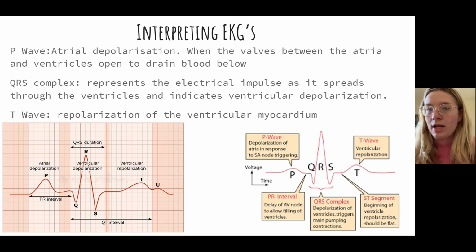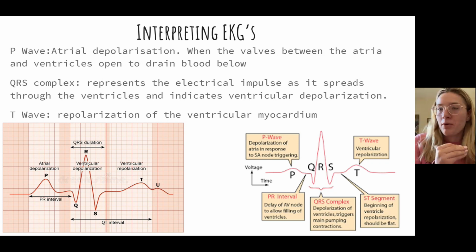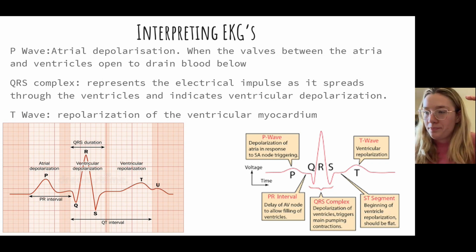So during our atrial depolarization, essentially that's like our atrial systole. It's squeezing the blood so that the blood can drain down into the ventricles. Okay, remember it goes through the AV valves to our ventricles. Okay?